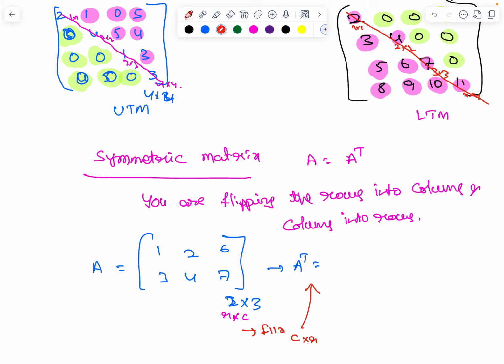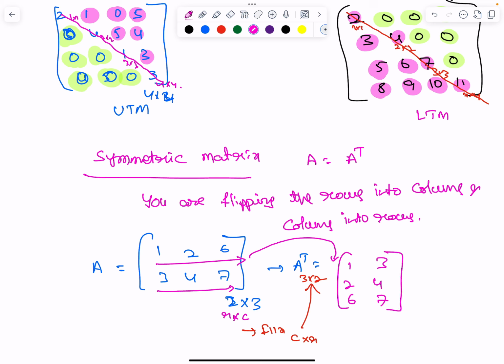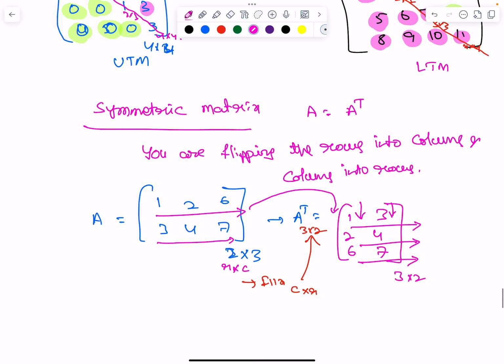A is a 2 by 3, so A transpose becomes a 3 by 2 matrix. Now you treat these as rows, so I am writing these rows as columns: 1, 2, 6 and then 3, 4, 7. You can see this is a 3 rows 2 columns matrix, that is 3 by 2. It is called flipping. Whenever A is given, you have to calculate A transpose.